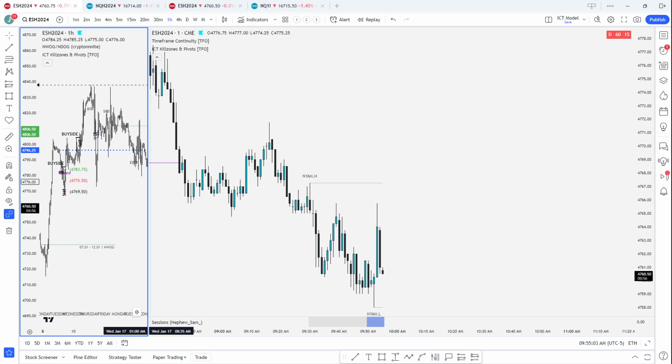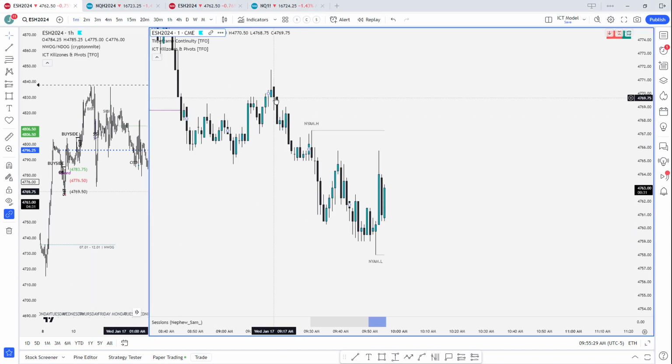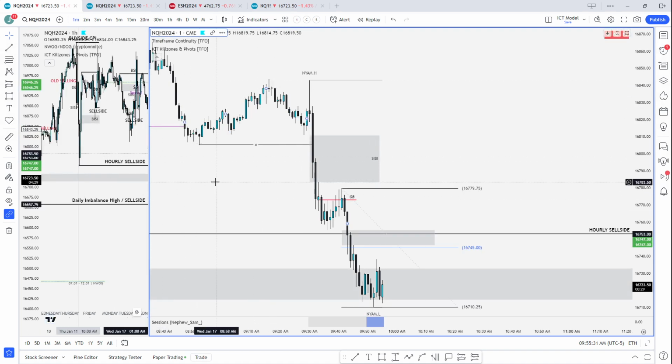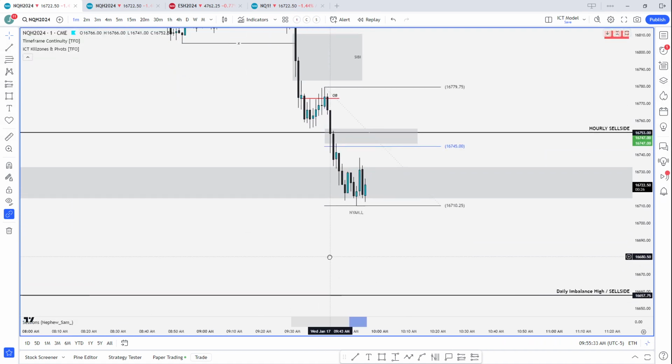I'll send a 4-hour picture really quick. Reference the low, that wick. I'll see if I can draw a line on it, the one that I have a little arrow on. Sent it in the chat. That's your sell side that we marked out on Q down here.